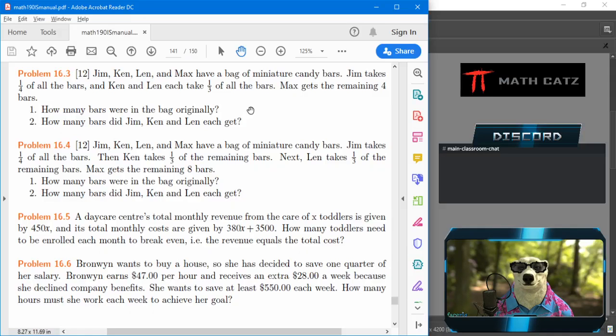Doesn't get any better than that. Jim, Ken, Len, and Max have a bag of miniature candy bars. Jim takes a quarter of all the bars, and Ken and Len each take a third of all the bars. Max gets the remaining 4.